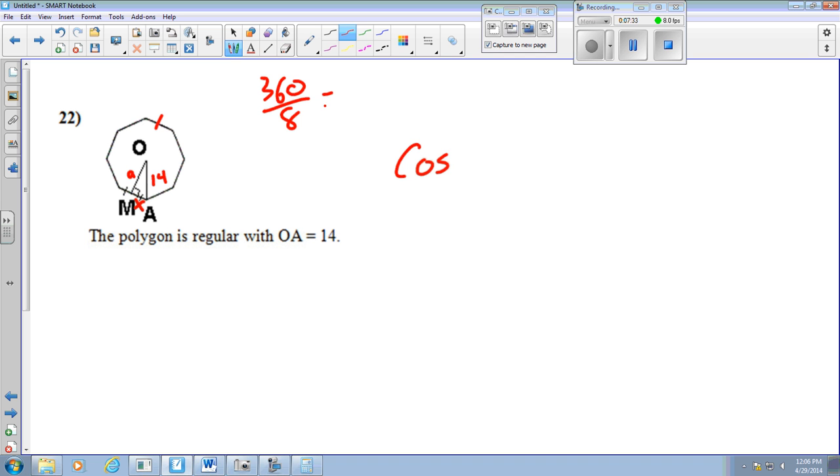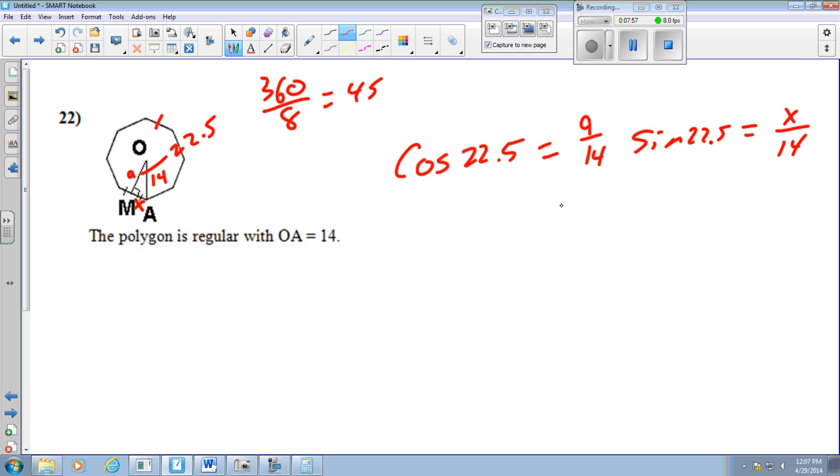360 divided by 8 gives me 45. This angle, of course, is half that, 22.5. So I'm going to use cosine of 22.5 degrees equals the adjacent over the hypotenuse. And to do the other one, I'm going to say the sine of 22.5 is equal to the x over the hypotenuse.